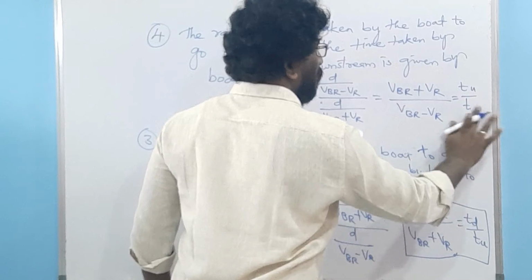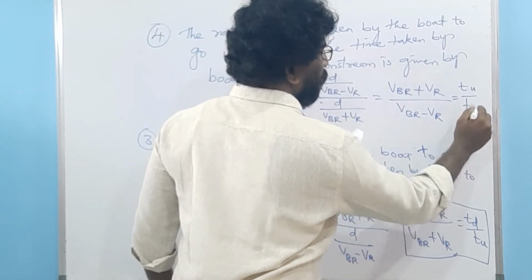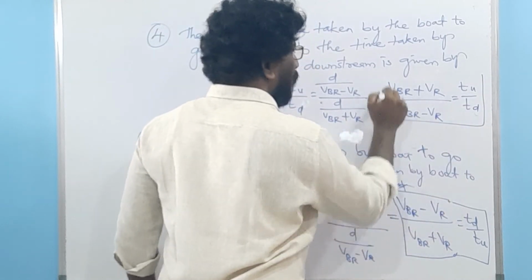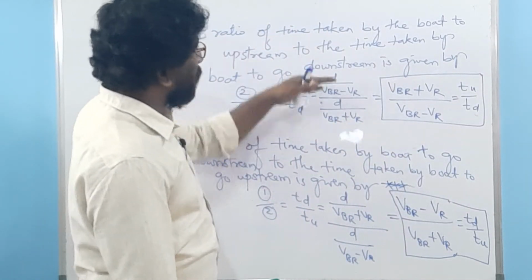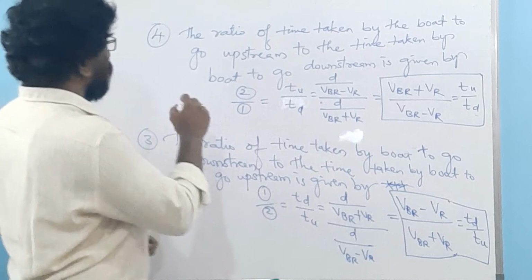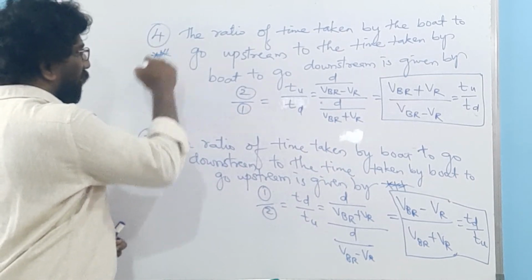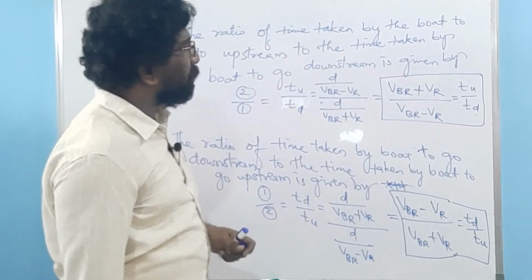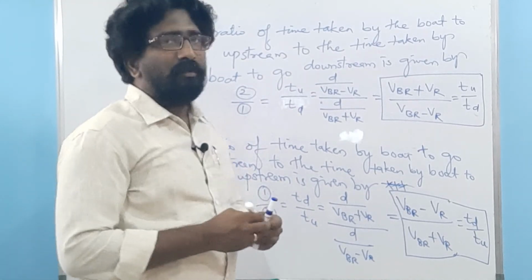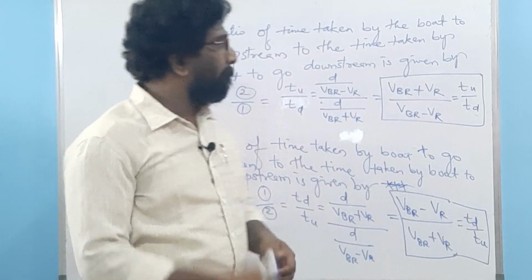So this is the formula for the ratio of time taken by a boat first to the upstream and then to the downstream. These are very important formulae to solve numericals in the concept of motion of a boat in a plane.